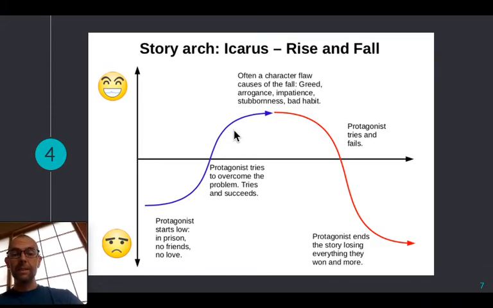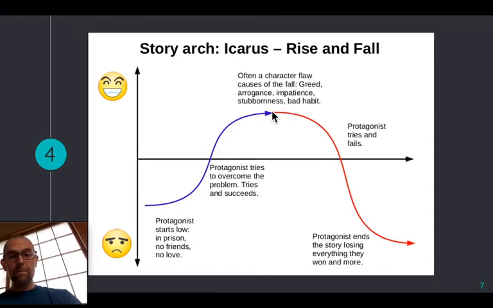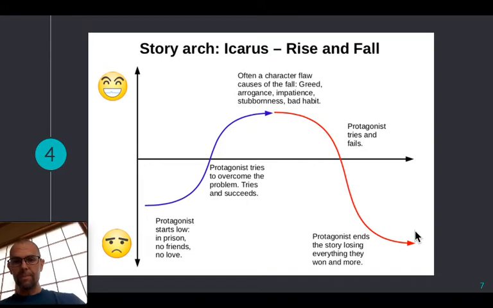They overcome their challenge and they achieve their goal, but because of some character flaw, such as greed or arrogance or impatience, a bad habit, they lose everything, and usually they're in a worse place than they were before.